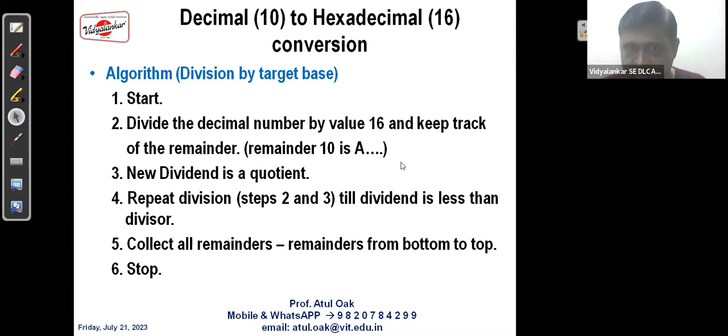This algorithm we require for solving the problem, because if you know the algorithm, you will be able to solve the numerical. Most of the questions in this particular module, I will say around 80% questions, are numerical and around 20% are theoretical questions.